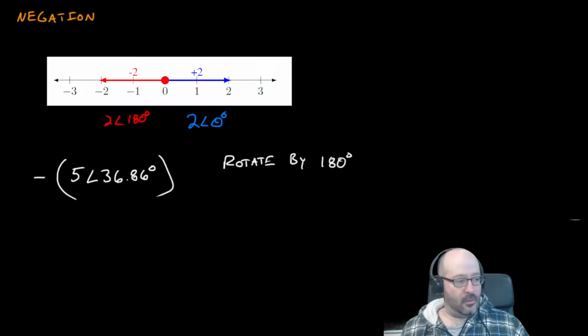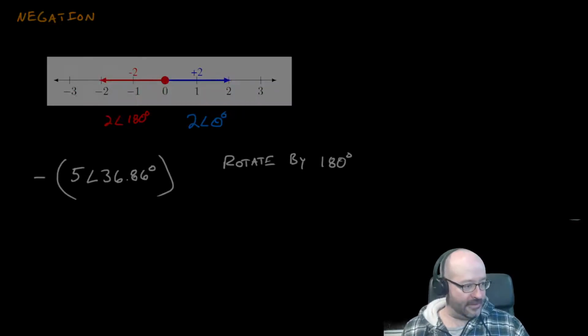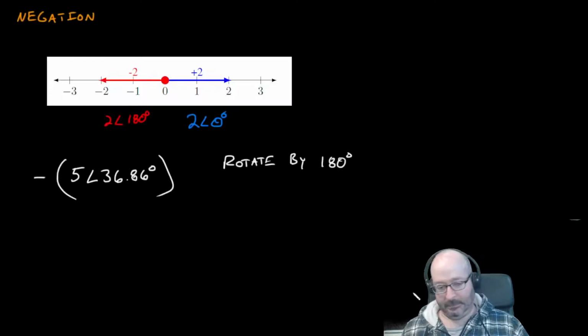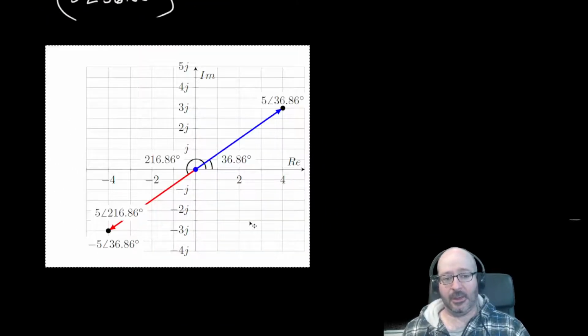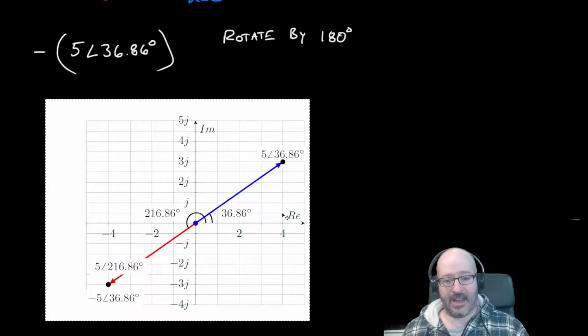If we want to do this graphically, it might look like this. So we have 5 at an angle of 36.86. There's our 36.86. And we want to head out just in the opposite direction.